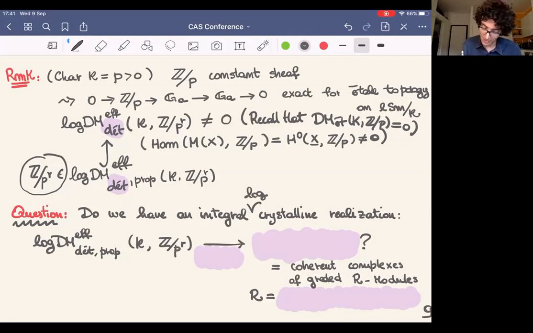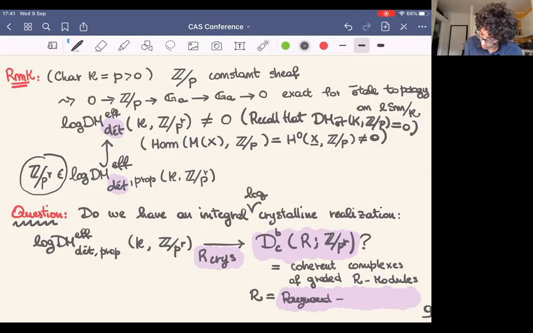Okay, so what do I mean by integral log crystalline realization? So I would like to have a functor, let me call it R_crys, to the bounded category of coherent complexes, Z mod P to VR coefficients, of graded R modules, and R is the Raynaud Dieudonné ring.